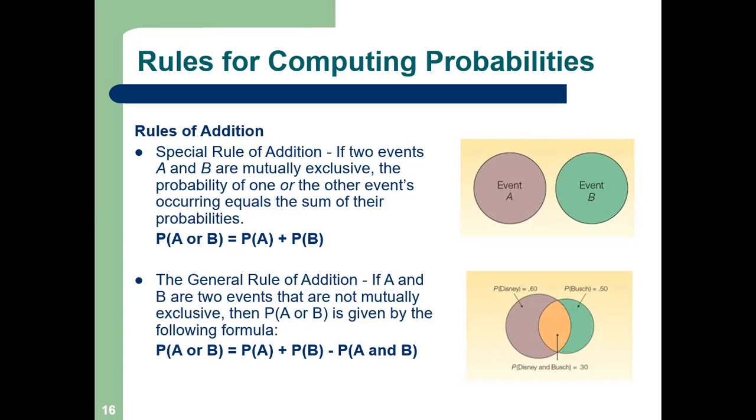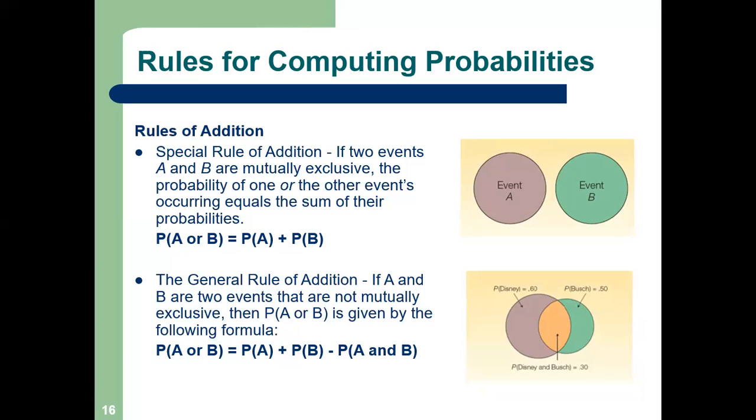What does mutually exclusive mean? It means that only one outcome will occur at a time, like when we were tossing a coin or rolling a die.